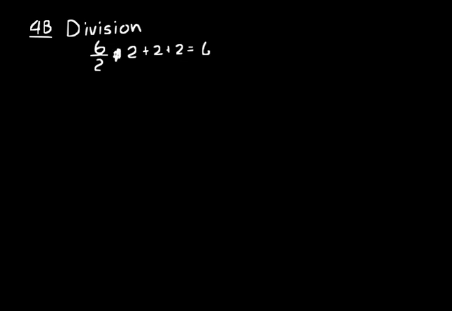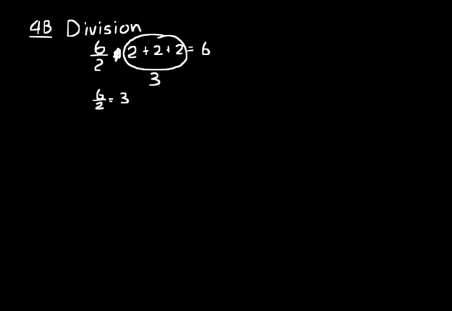I shouldn't put an equal sign over there. Let me scratch that out, because 6 divided by 2 doesn't equal 2 plus 2 plus 2. But it does mean that we would break 6 into 3 equal groups of 2. 2 and 2 and 2. So 6 divided by 2 equals 3.